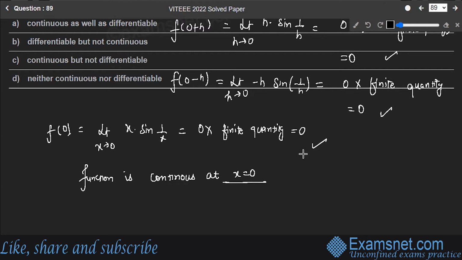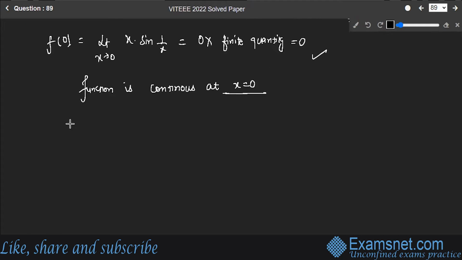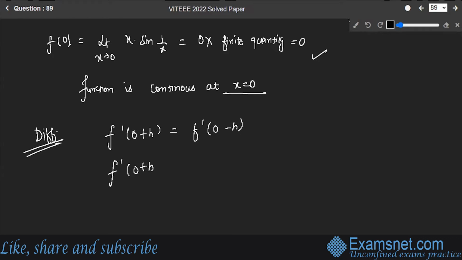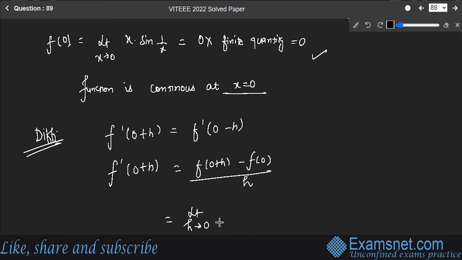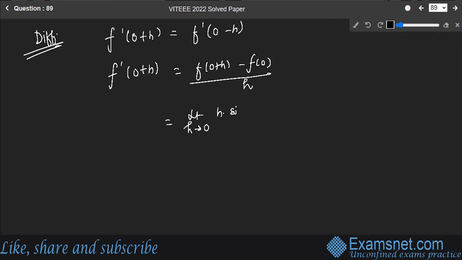Now let's check for the differentiability of the function. If the function is differentiable, then the right-hand derivative at 0 should be equal to the left-hand derivative. Now f'(0 plus h) is the limit as h approaches 0 of [h sine 1 upon h minus 0] upon h.